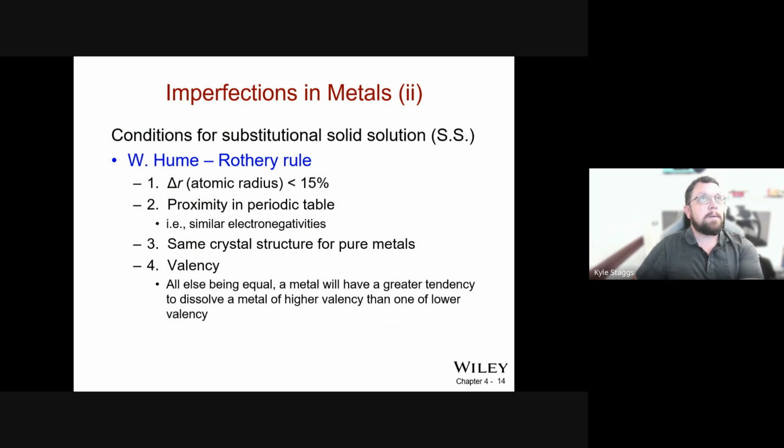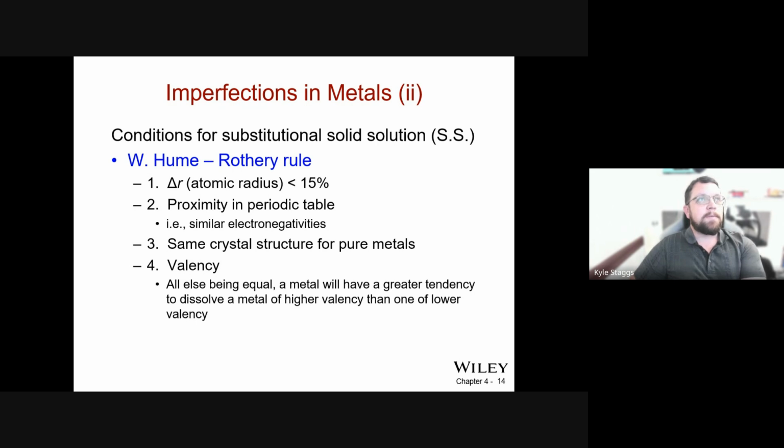So the conditions for these specific kinds of imperfections can be helpful to see. So in order for a solid solution to exist, there's a Hume-Rothery rule, which helps to give some guidelines.